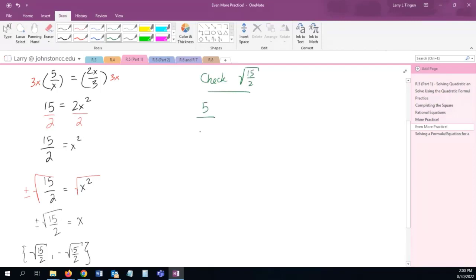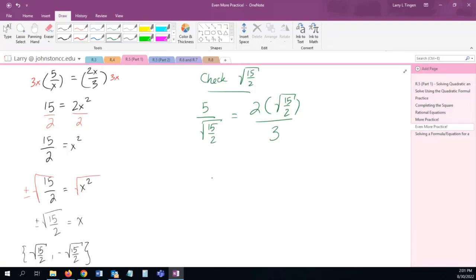That's 5 over the square root of 15 over 2 is equal to 2 times root 15 over 2, divided by 3. Now, if you want to cross multiply, this is when it comes into play.